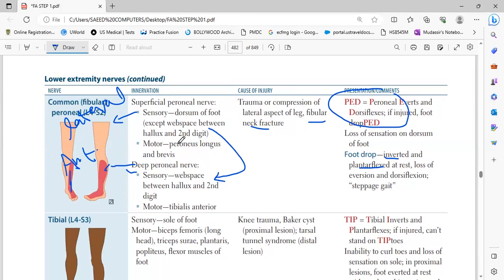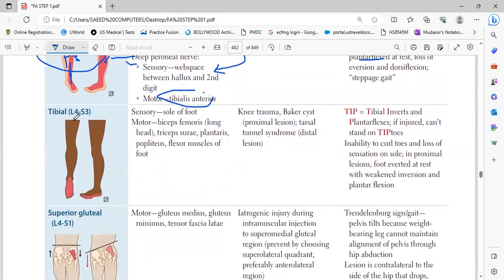It is motor to two muscles, peroneus longus and brevis, which are lateral leg muscles. The deep peroneal nerve is sensory to the area not supplied by the superficial, and motor to tibialis anterior. So the deep peroneal nerve is the nerve of the anterior leg, the superficial is the nerve of the lateral leg, and the tibial nerve is the nerve of the posterior leg.